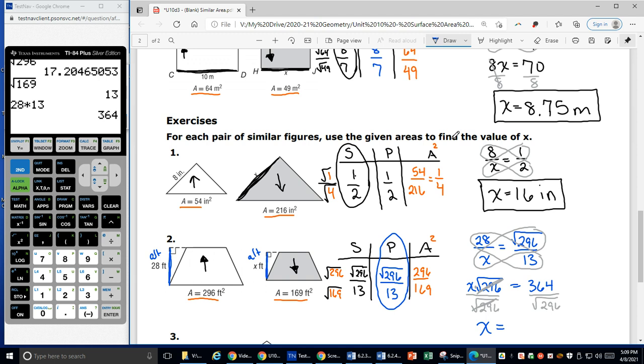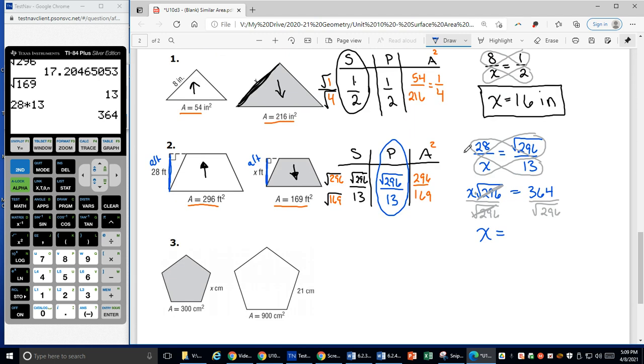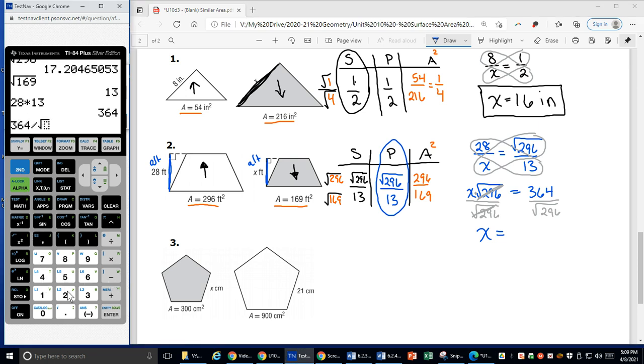It doesn't tell me what I should be rounding to, so I'm going to use the standard 3 decimal places. So 364 divided by the square root of 296. That's going to give me 21 point all of this. I'm going to go to 3 places, 157. After the 7 is a 0, so I don't worry about it, and just do 157.